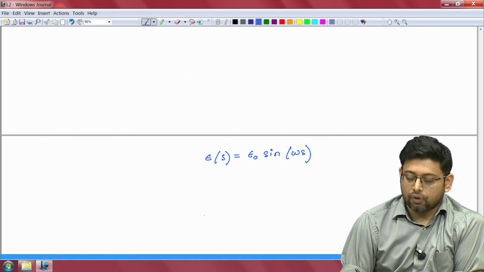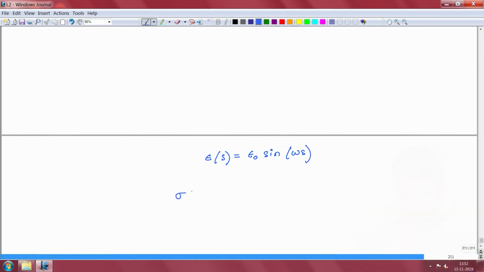So, for a linear viscoelastic we know that the output sigma t, the stress at any time t, is a function of its memory, and we can write it as g t plus the integral 0 to t of g of s epsilon dot t minus s ds.